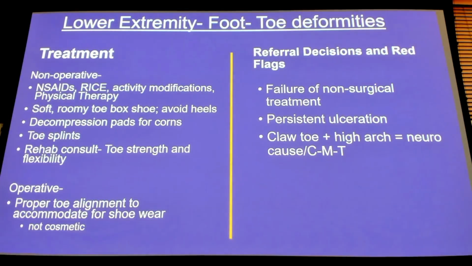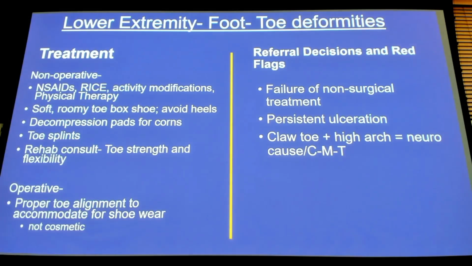Treatment, same as we did for any of the other toe maladies, right? NSAIDs, activity modifications. If they're wearing the wrong shoes, please put them into the correct shoes, so something with more room in the toe box. Okay. You can pare down some of these corns. In some cases, you don't have to, but if you think it's irritating enough to the patient, then by all means go ahead and shave those down.